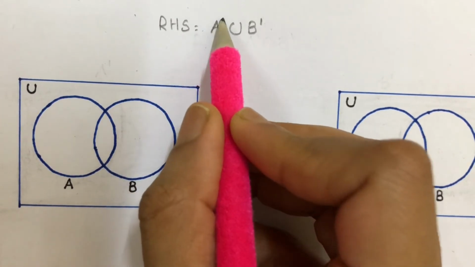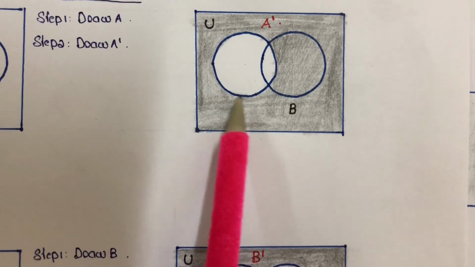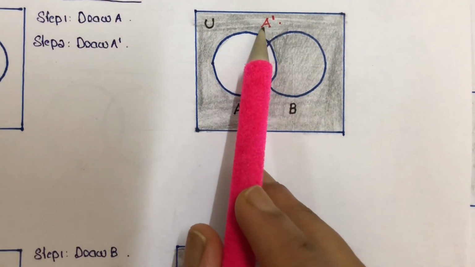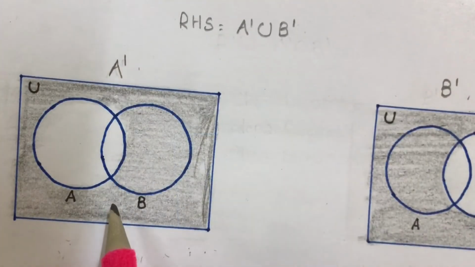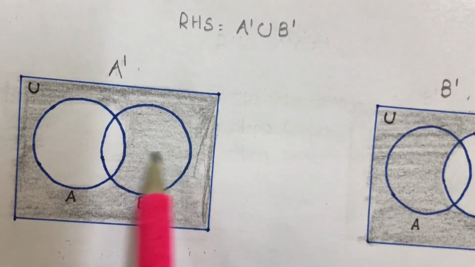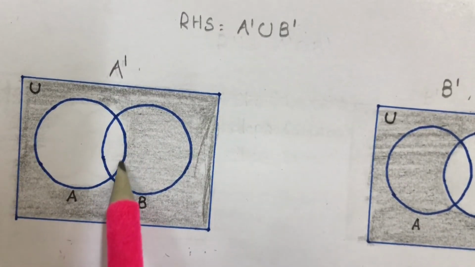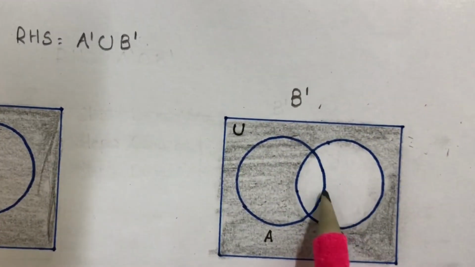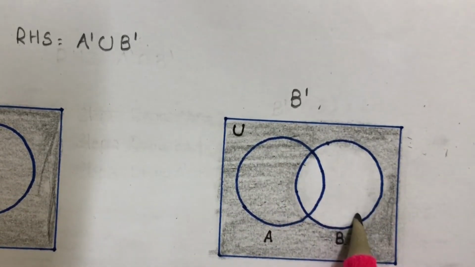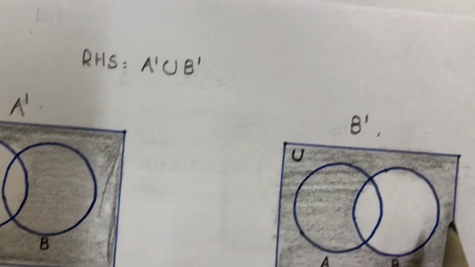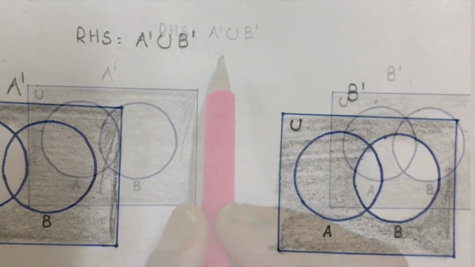RHS is A complement union B complement. We already found the areas of A complement and B complement, right? Now this is A complement, that is the area of the universal set other than A, and B complement is the area of the universal set other than B. Now our RHS is A complement union B complement.